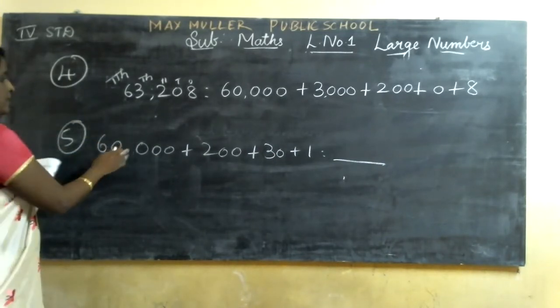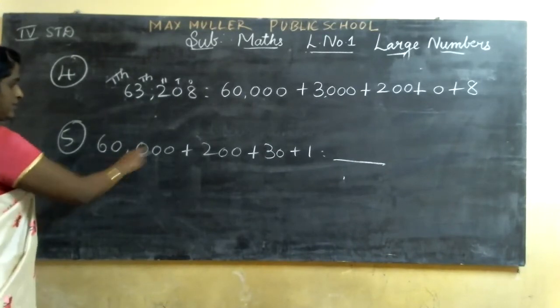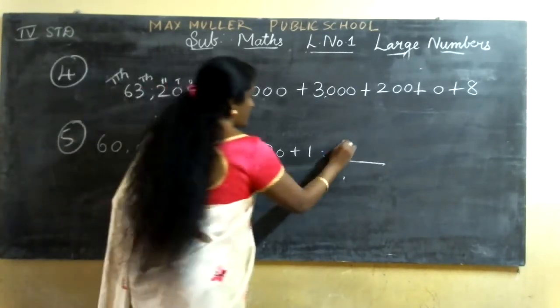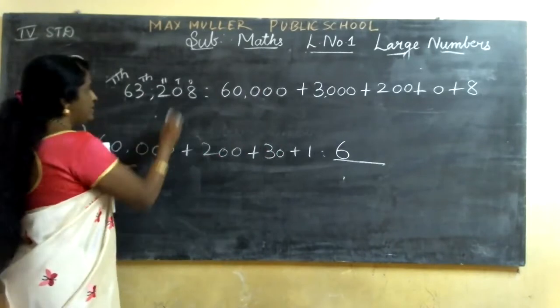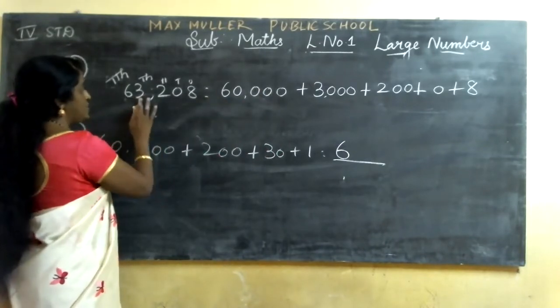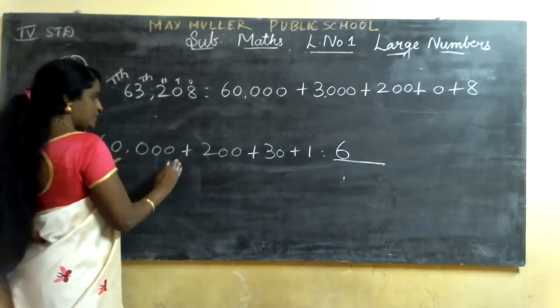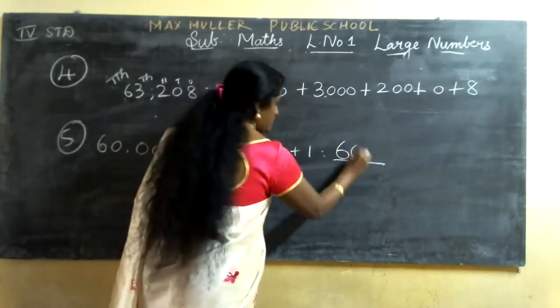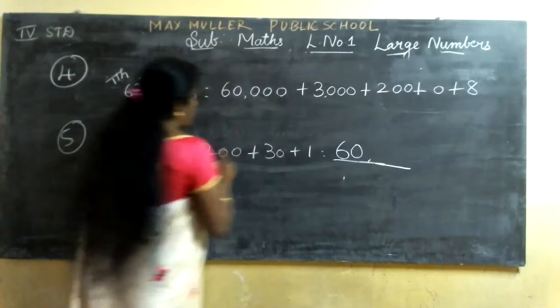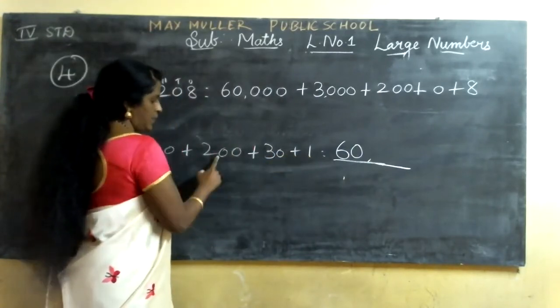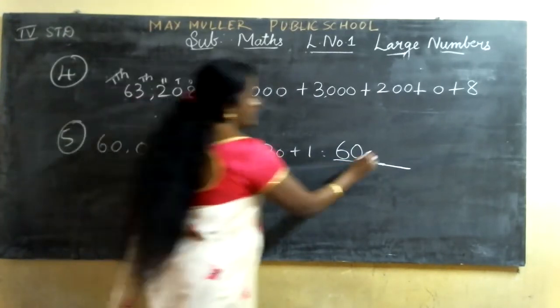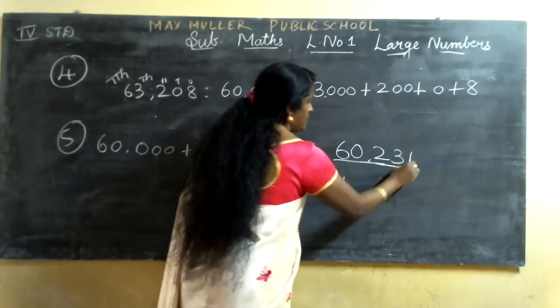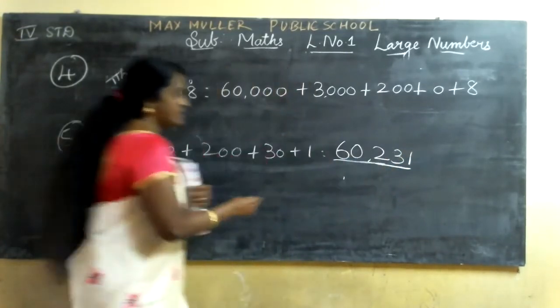See here, 60,000. Next, 3,000 is there, no? Here 63,000. Here only 60,000 is there. So in the thousands place, nothing. So I have written 60,000. 231. So it is a 5-digit number, 10,000, 60,000.